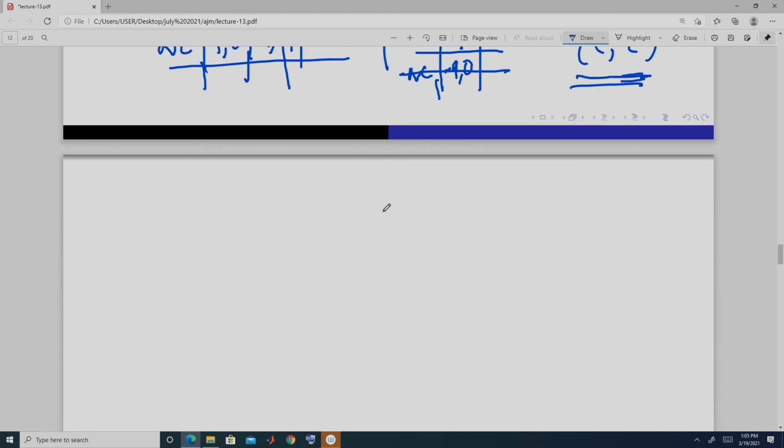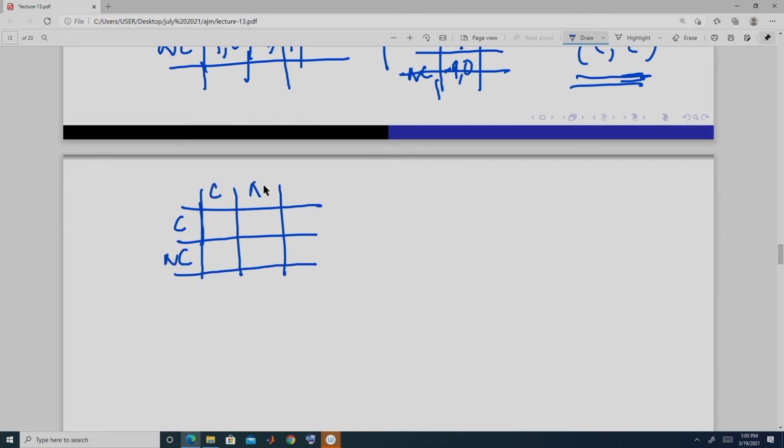Now, here is the same game, but suppose the elimination is started by player 1. Player 1 suppose chooses this NC.